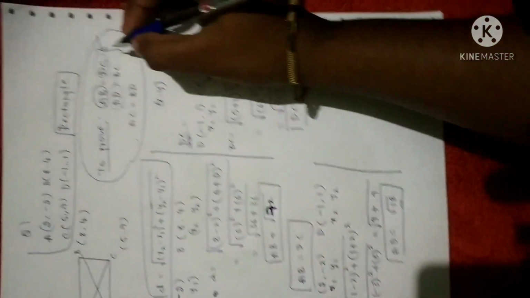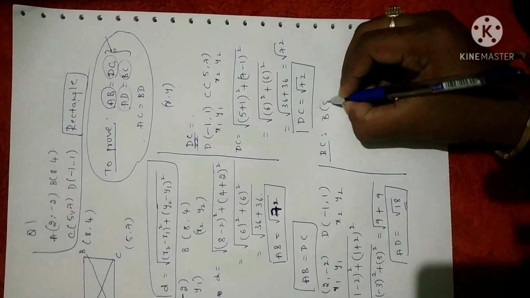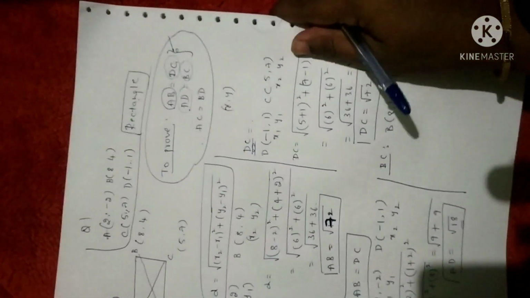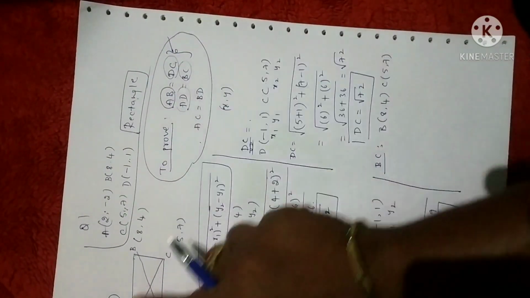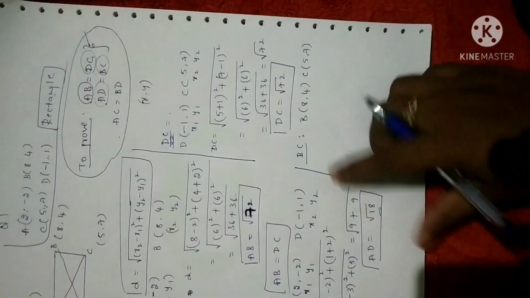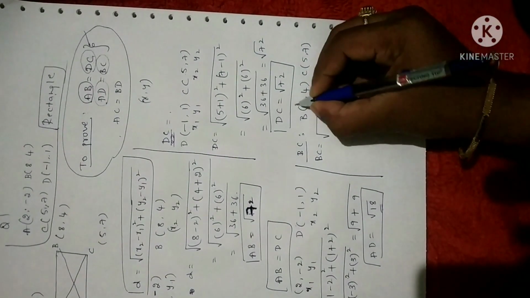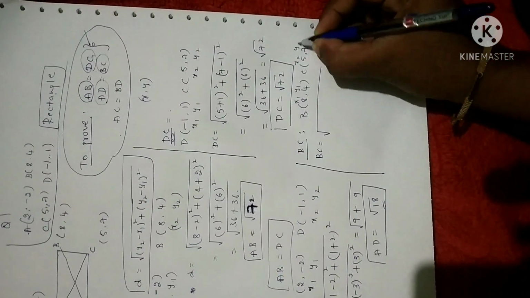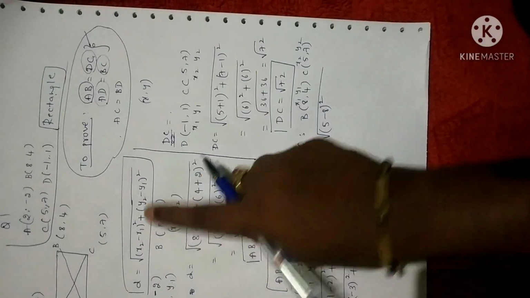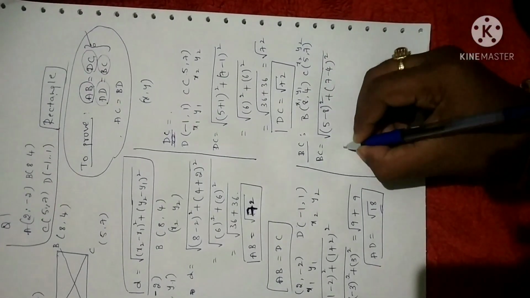Now what we have to find is length of BC. B coordinate is 8, 4. C coordinate is 5, 7. You just go through the condition given and write down the coordinates of the vertices and substitute in the same distance formula. So I'm going to find BC as square root of, let me take this as x1, y1, x2, y2, x2 minus x1 whole square plus y2 is 7 minus y1 is 4 whole square.